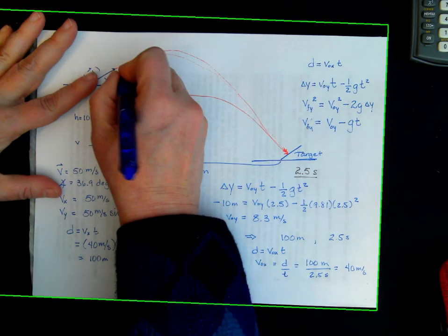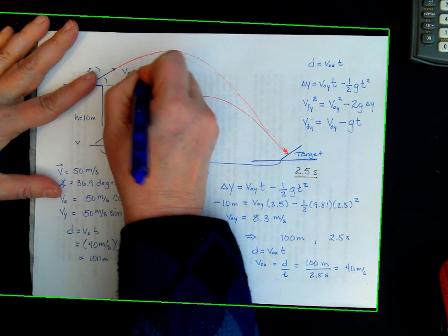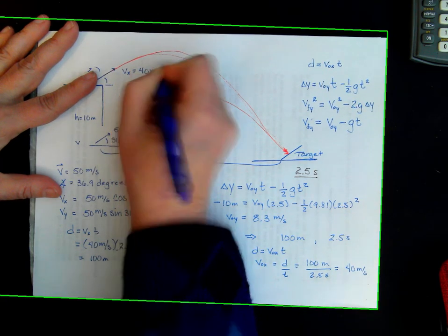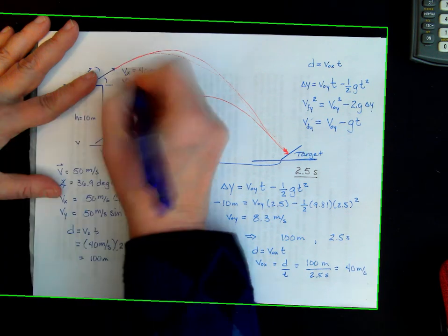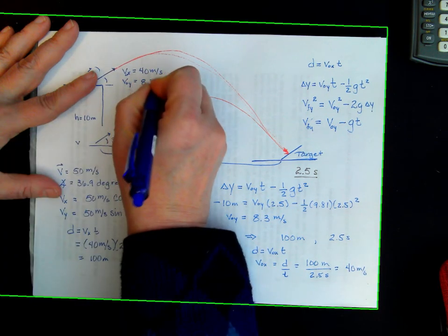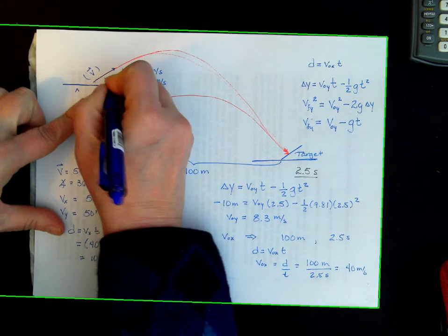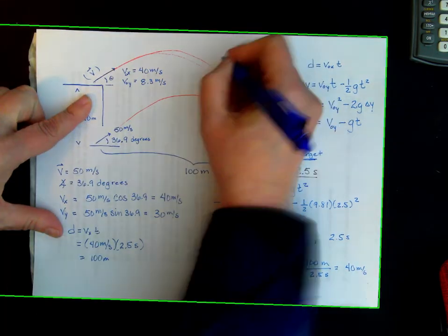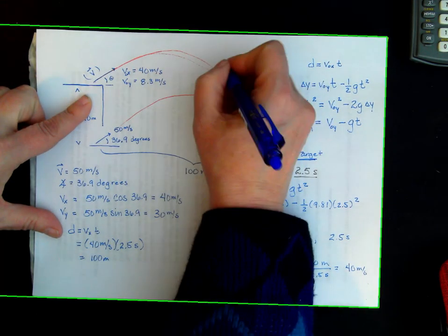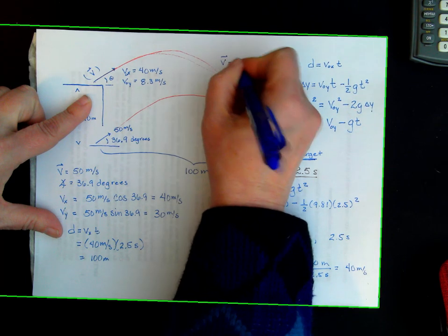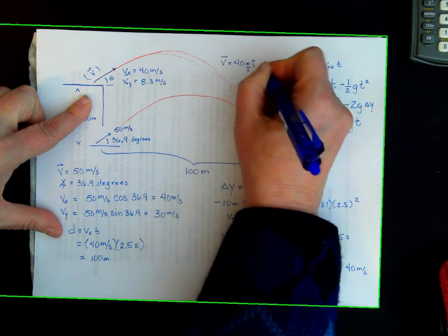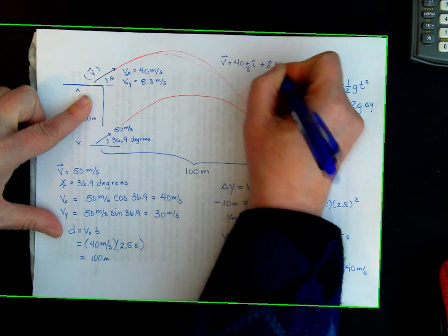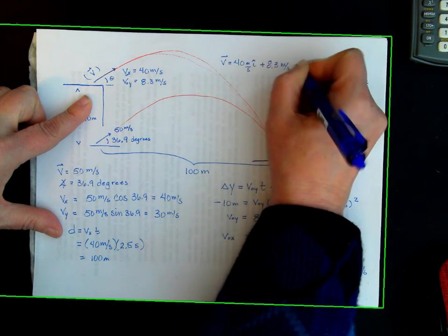So now I've got Vx of this vector is 40 meters per second, and V naught y of this vector is 8.3 meters per second. And now I need to know what this angle is. If I write it out in vector notation, my vector is 40 meters per second in the i direction plus 8.3 meters per second in the j direction.